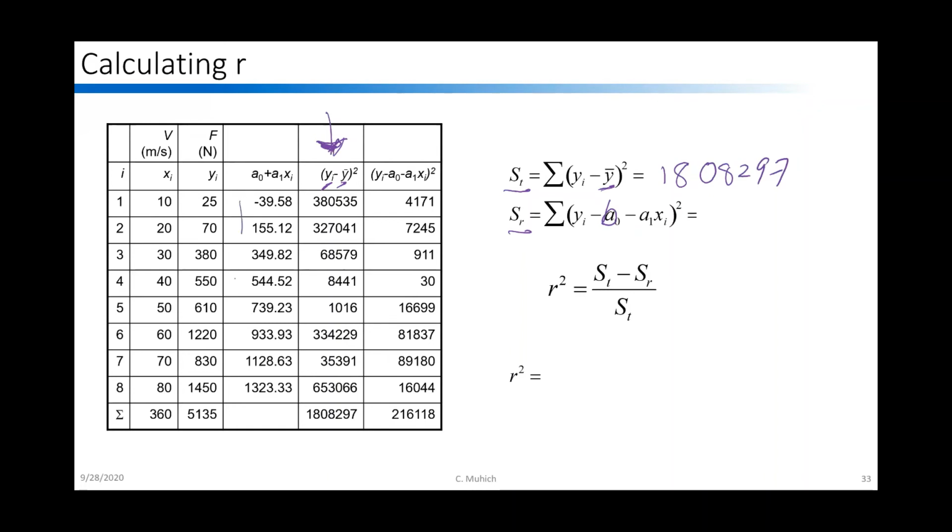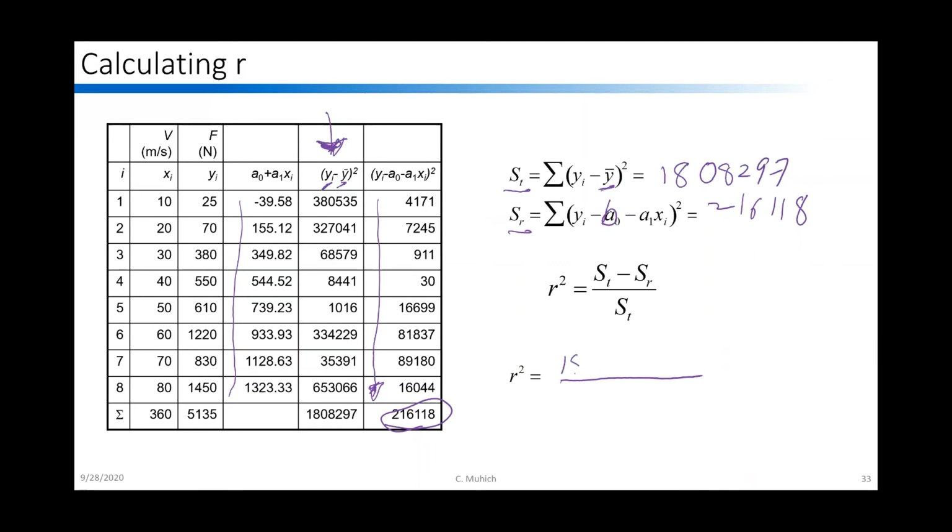Here I've just taken that A and the B from the other side, put them together in here, and then I can subtract off the associated y for each value, square it, and then sum that value. So if I do this, I get 216,118. Right? Then I'm ready to calculate my R value.